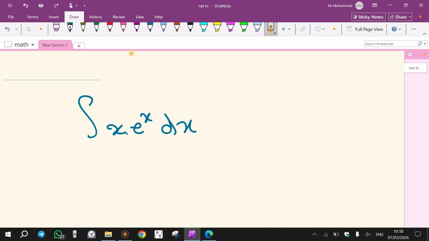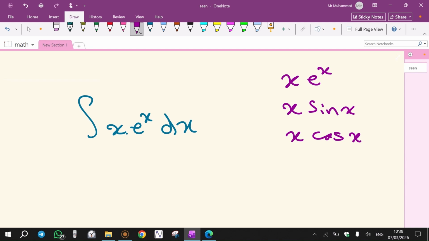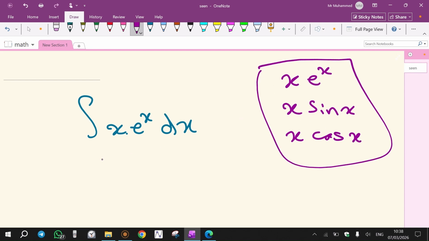For these cases, x e^x, x sine, x cosine, we always set u as x for all of these three cases. But in case we have ln, we set the ln x.